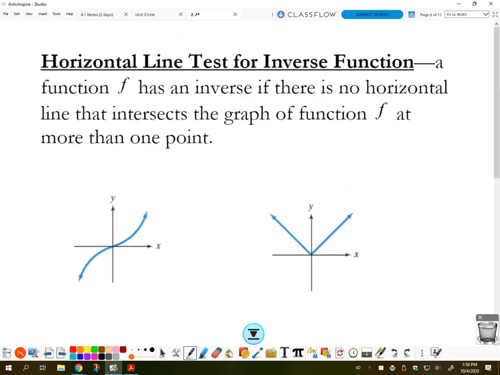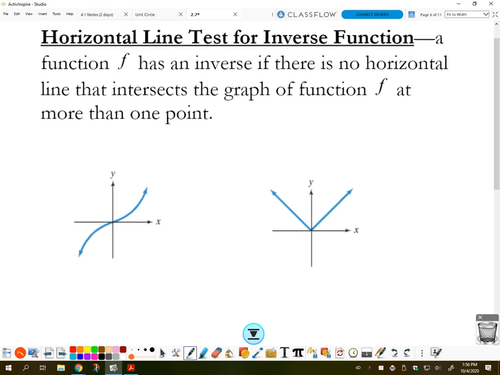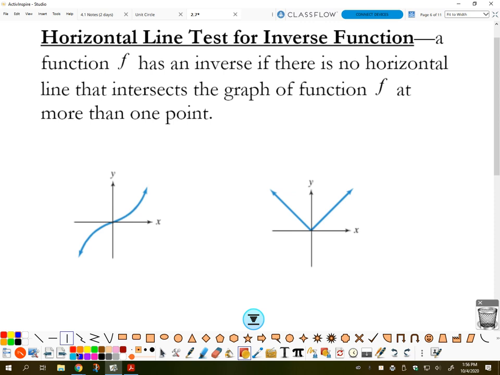Okay, next. All right, so we have discussed that we know we have a function if it passes the vertical line test. So this passes the vertical line test.